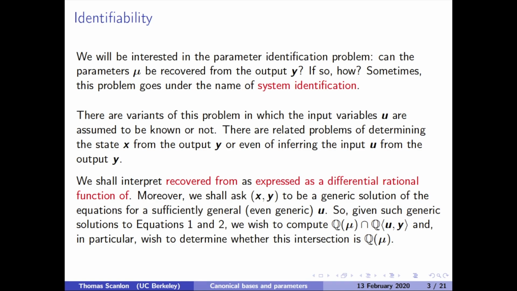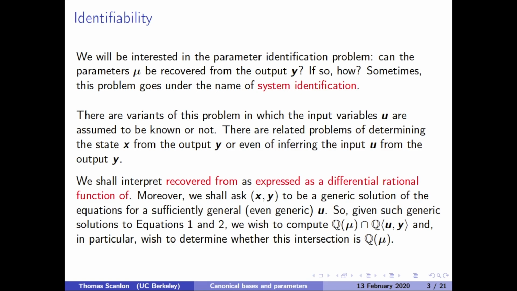So to say that the parameters are identifiable would mean that this differential field, where mu is a sequence of constants, so the differential field generated by mu is just going to be the field generated by mu, is just equal to Q. And maybe a weaker thing that you might aim for, if you can't actually recover the parameters, is to determine, well, which parameters can you recover?